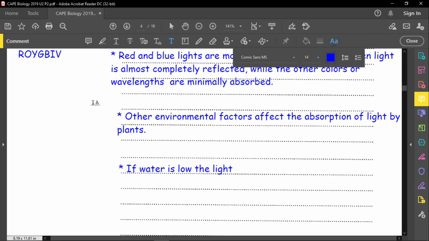If water is low, the light energy absorbed will not be effectively used.